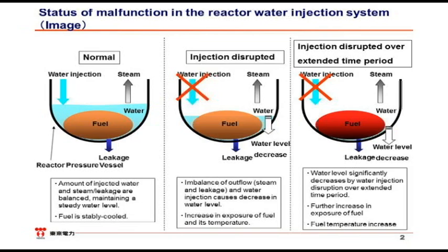As a result, the amount of fuels exposed increases. Following this, we presume that the longer this state continues, as described on the right-hand side, the amount of water will almost reach zero, and the amount of exposed fuel will increase further, raising the fuel temperature.